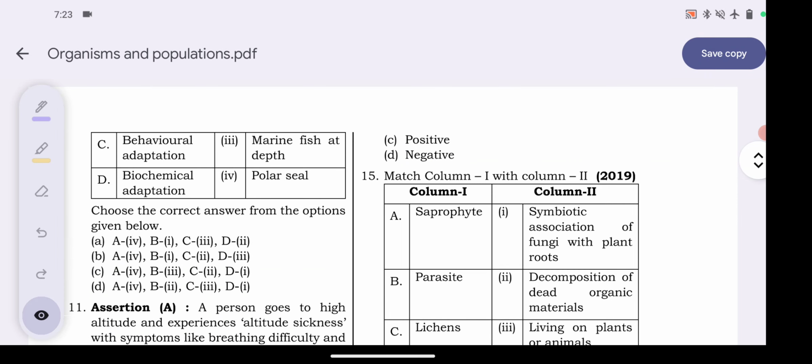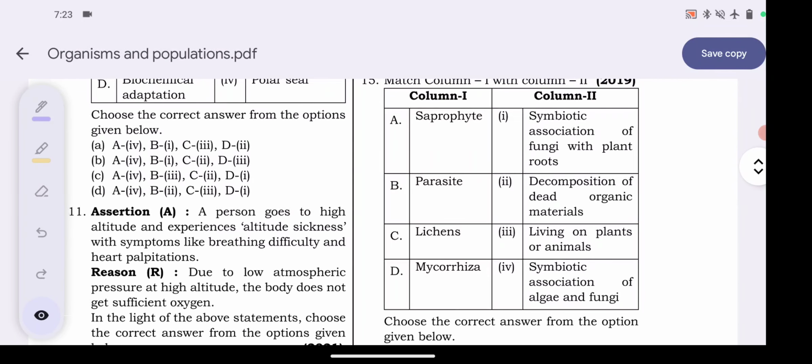Okay. 15, matching is given. Column 1, column 2. Saprophyte, parasite, lichens, mycorrhiza. Symbiotic association with fungi with plant root, decomposition of dead organic material, living on plant or animals, symbiotic association of algae and fungi. So first, saprophyte is connected to decomposition of dead organic materials.